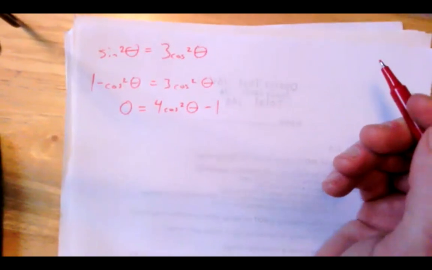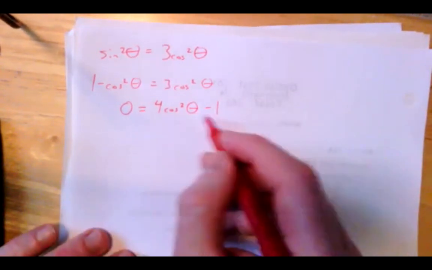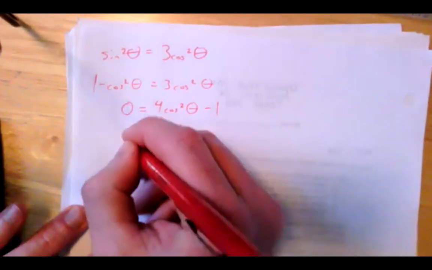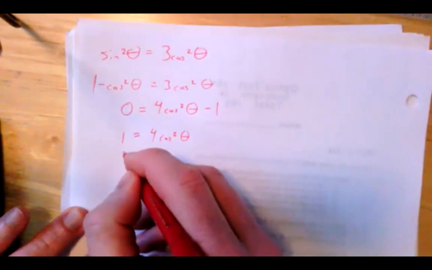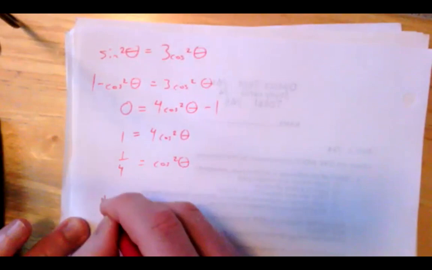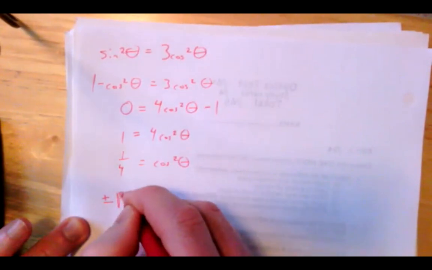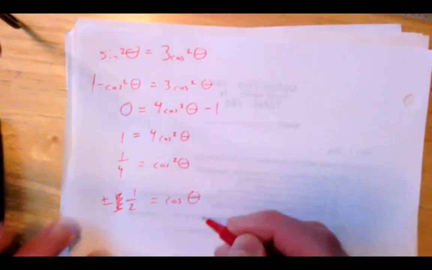Remember we had a question like this earlier? And so if we do the simplifying version and bring the 1 back, 1 equals 4 cos squared theta. Divide both sides by 4, 1 over 4 equals cos squared theta. Take the root of both sides, plus or minus 1 over 2 equals cos of theta.